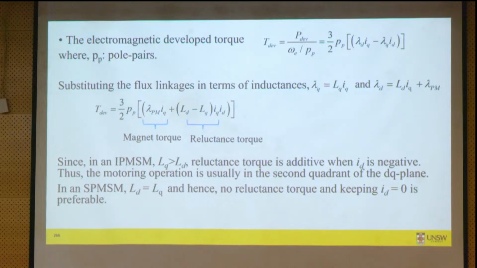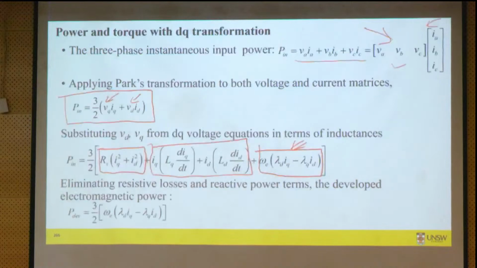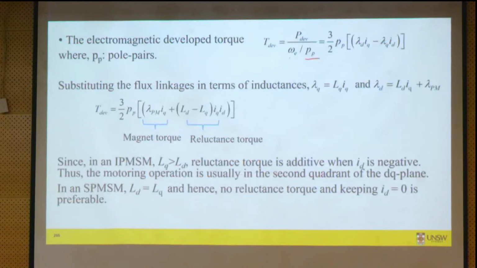So torque is lambda d IQ minus lambda q ID, the whole thing, and there is a factor of 3/2 and pole pairs. The speed omega e cancels out when we calculate torque. And the 3/2 factor comes from the transformation.